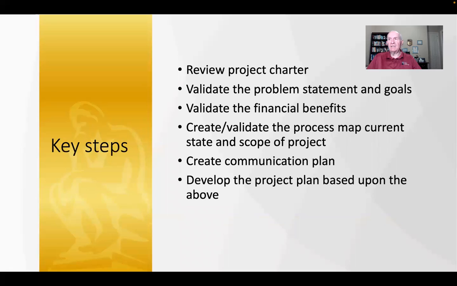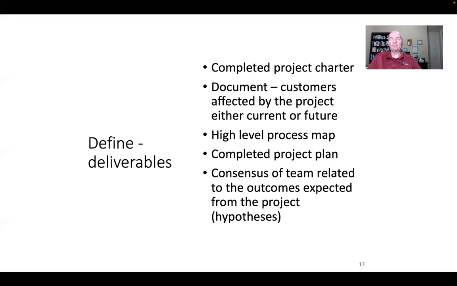So the key steps in the define phase: put your project charter together, validate your problem statement, and identify the financial benefits. That's part of your business case as to what actually occurs and needs to occur. Create your communication plan and your project plan.